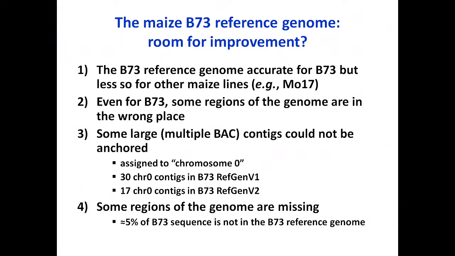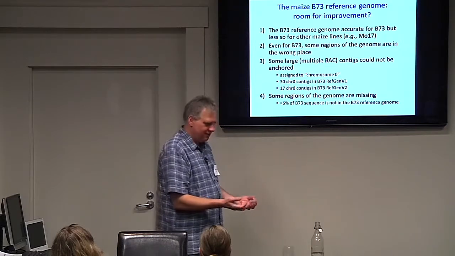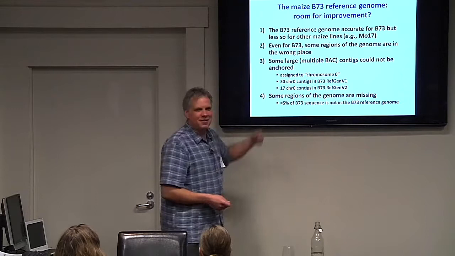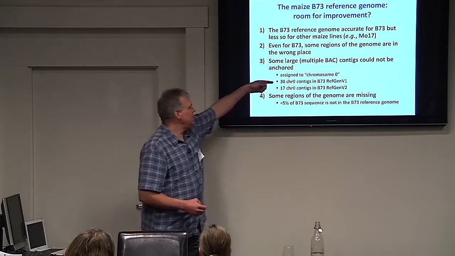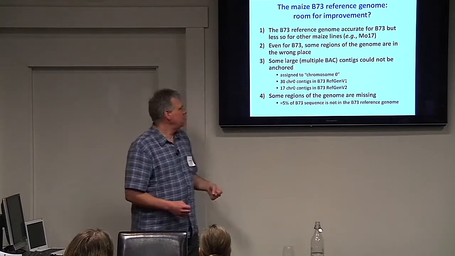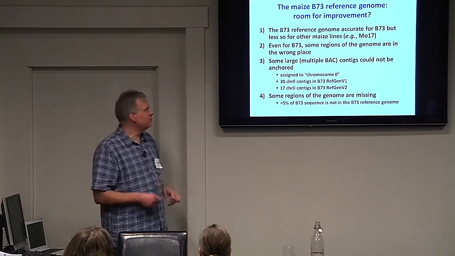And there are also some parts left over. Have you ever built a big complicated thing and at the end you have some pieces left over and you're wondering where they go? Well, they didn't know, so they stuck them all in something they called chromosome 0. In RefGen 1 there were 30, then they were able to place 13 of those in RefGen 2, and the GBS data supported those placements.